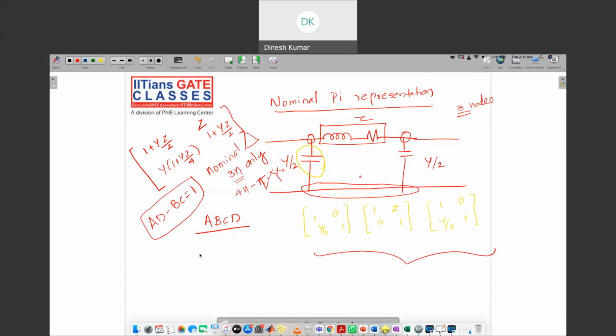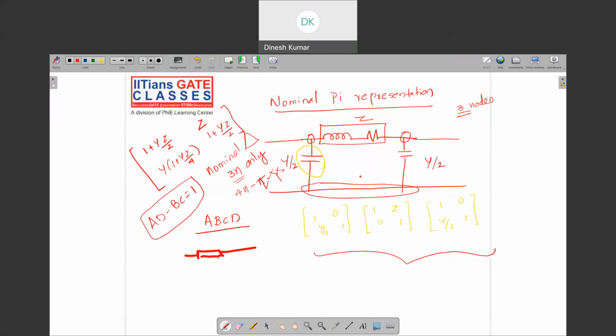You can just mug up this, how to write. I will explain again. If it is a series element, it will be 1, Z, 0, 1. If it is a parallel element, it will be 1, 0, y, 1.